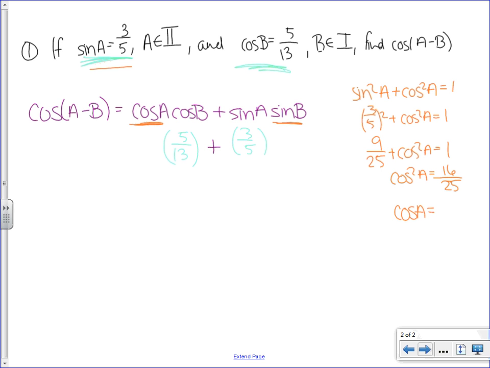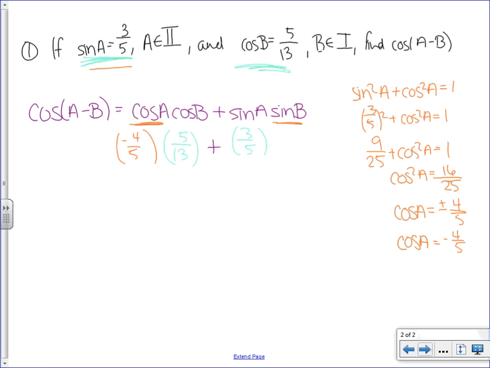Take the square root, cosine A is equal to plus or minus 4/5. But remember, A is in quadrant 2, and in quadrant 2, my cosines are negative. So really, I want that cosine A is equal to negative 4/5. So that's what I'm going to plug over here for cosine A.